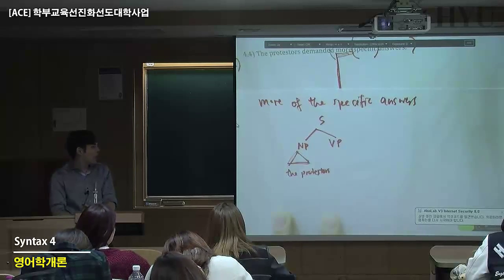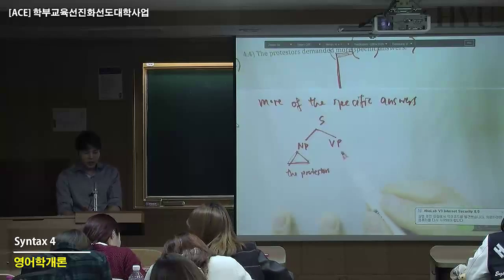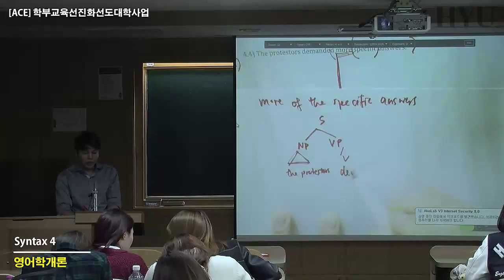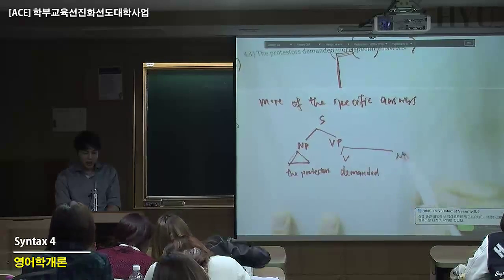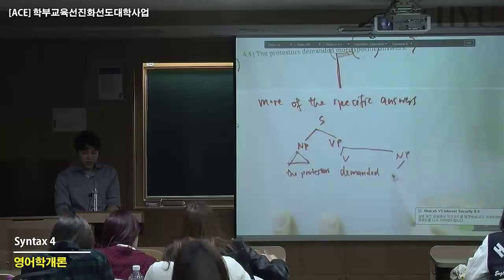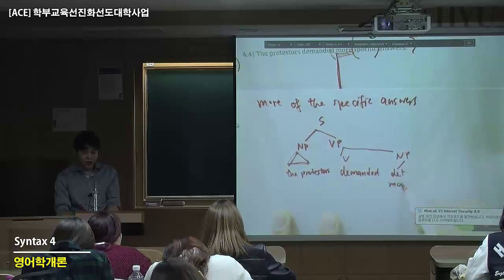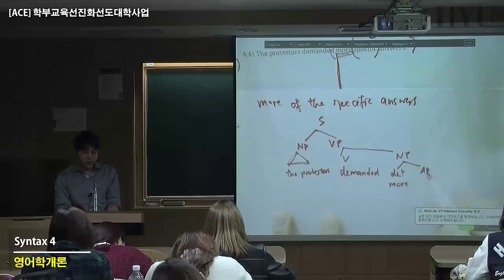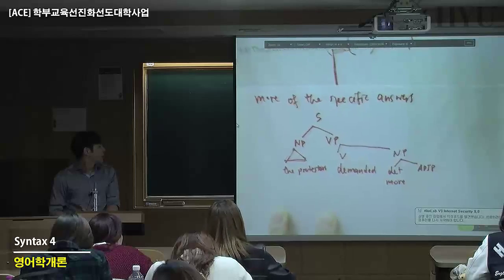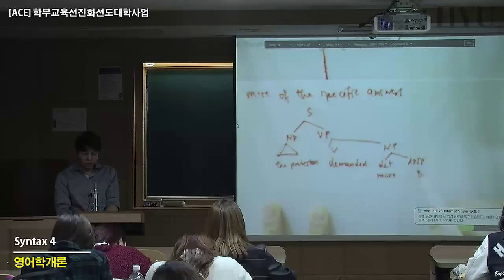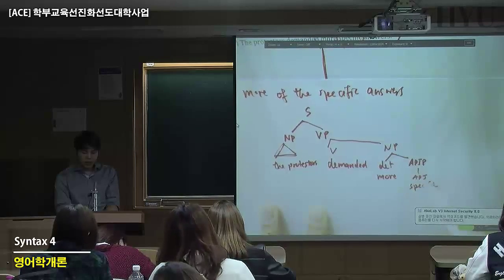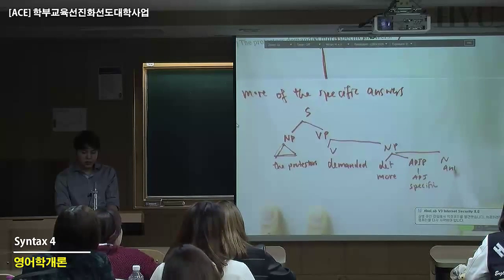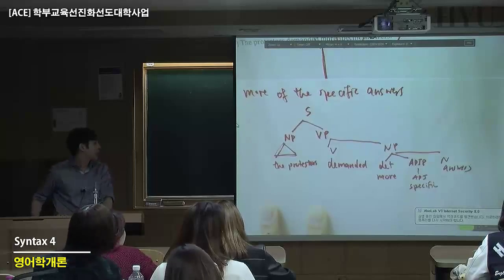And then the VP consists of a V, demanded, and then an NP. We have a determiner, which is more, and then an adjective phrase, which is specific, and then N, answers.